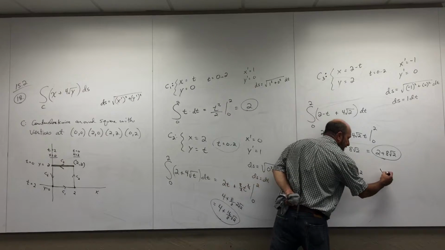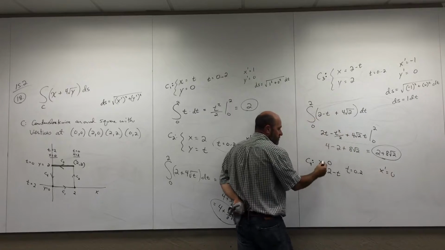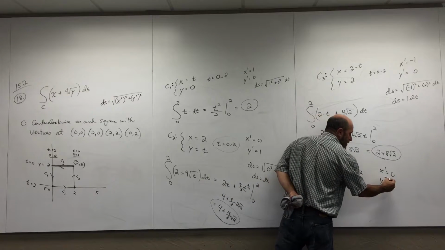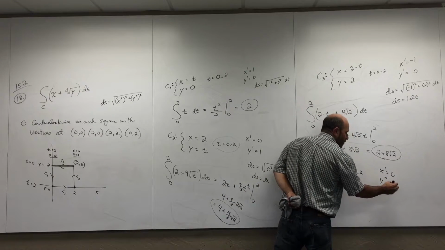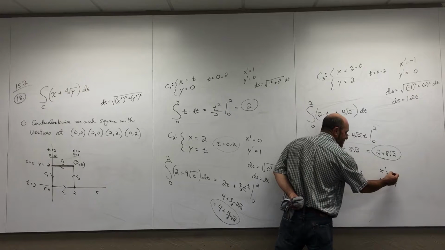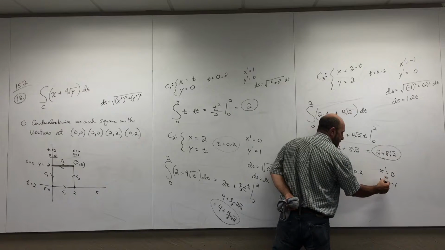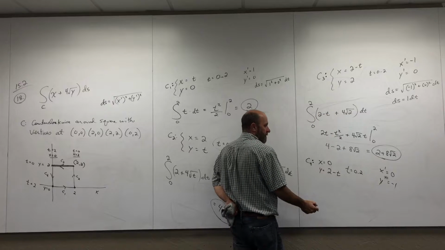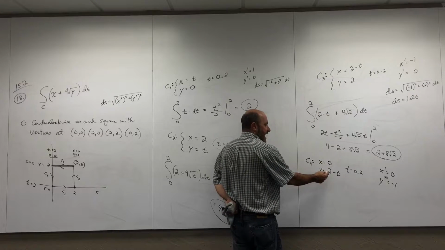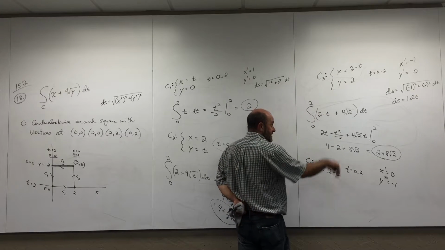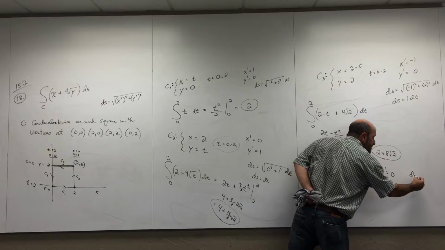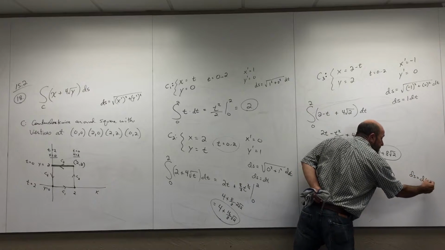Here we go. Let's find x prime. X prime is a 0. Y prime is a negative 1. That helps me find ds. Similar to the last problem, ds is just going to be a 1 dt again.